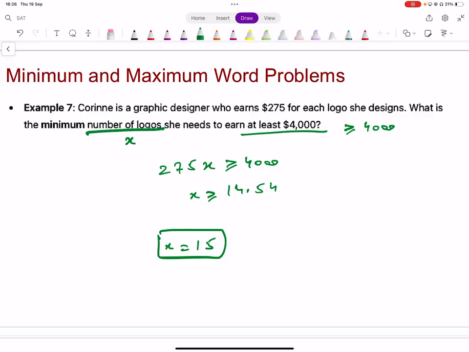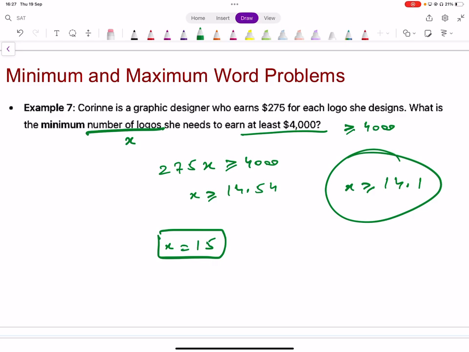The total amount that she earns has to be greater than or equal to 4,000. Is that okay? Now, if we were getting X greater than or equal to 14.1, what would be our answer? If we had this? It would still be 15.